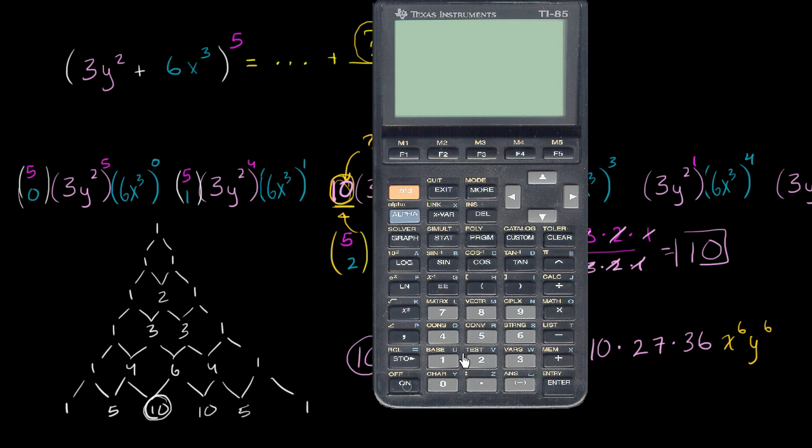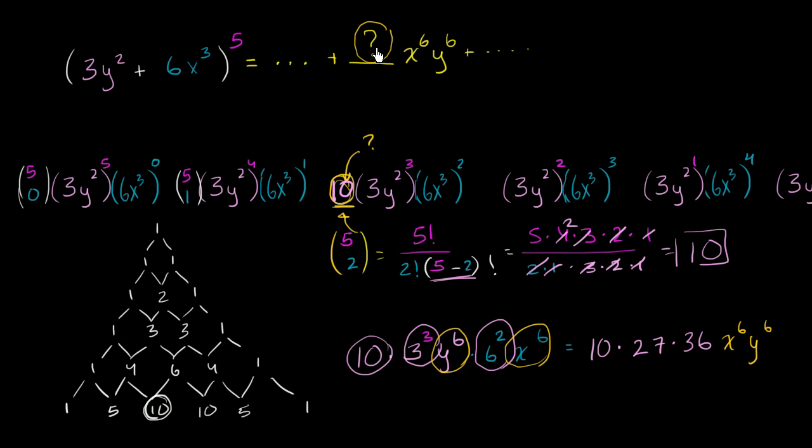So let's get a calculator out. I could have done it by hand, but I'll just do this for the sake of time. 270 times 36 is 9,720. So that's the coefficient right over here. It's going to be 9,720 x to the sixth, y to the sixth. And we're done.